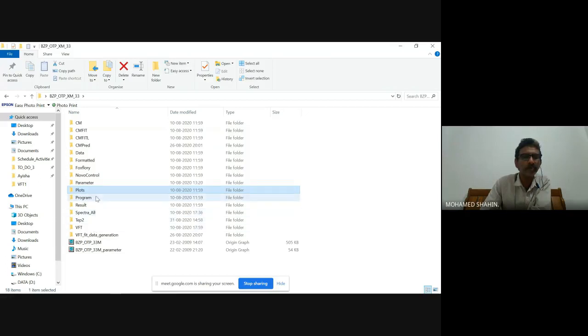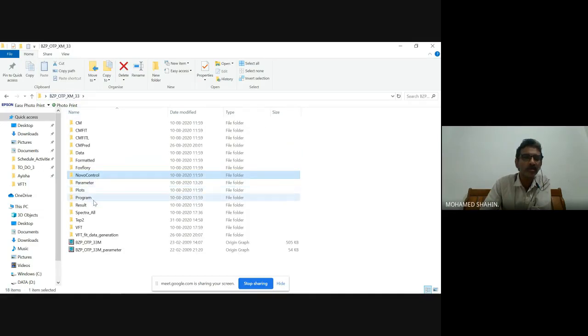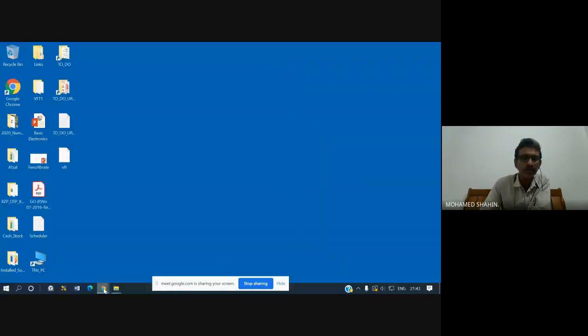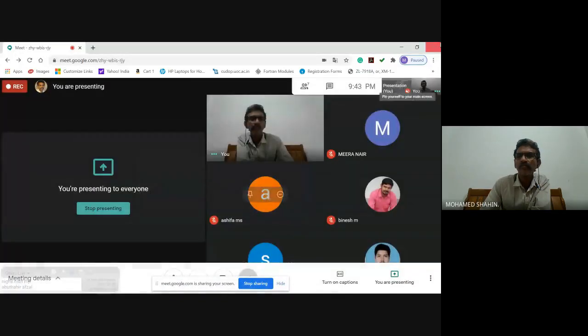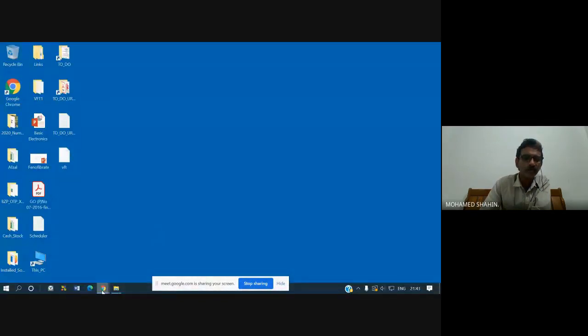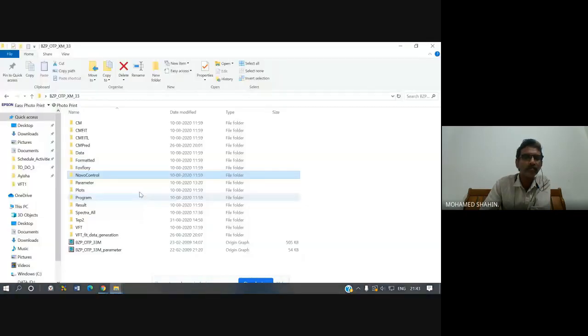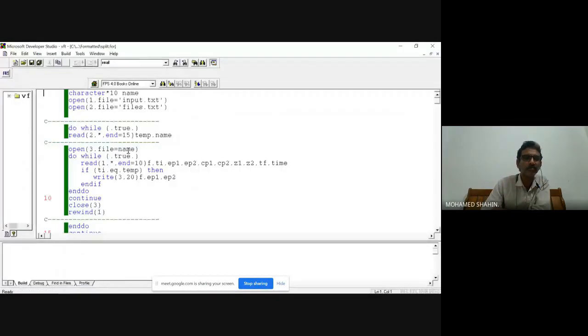For example, we simply have to change the program Novo control, not Novo control. Okay. So we have to do formatted split.4.